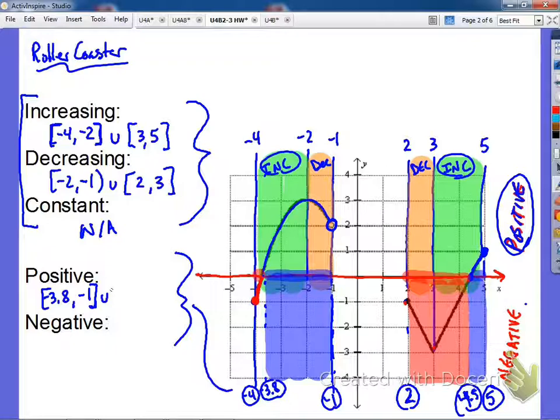So where's the other section where this graph is positive? Well, it's above the x-axis right here, right? On the far right, you see it. So what are the x values right over here? About 4.5 to +5, right? So my answers that go here are interested only in the x values.